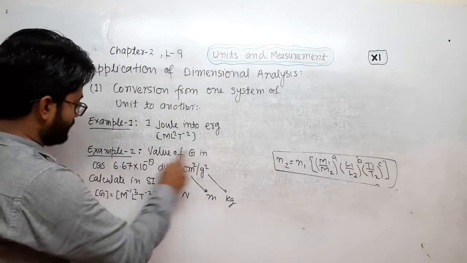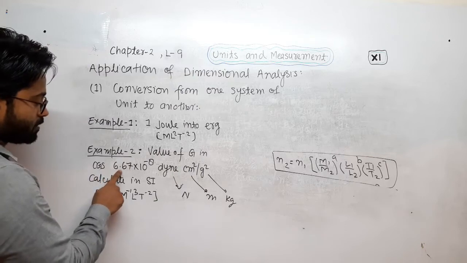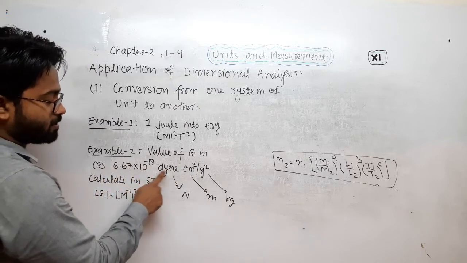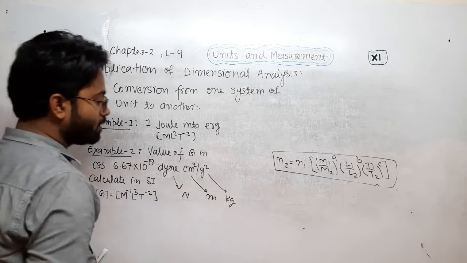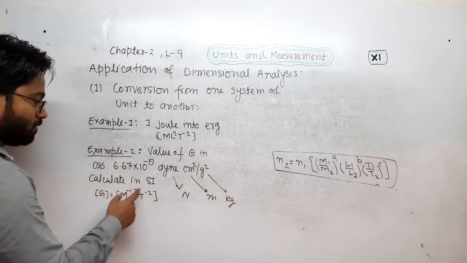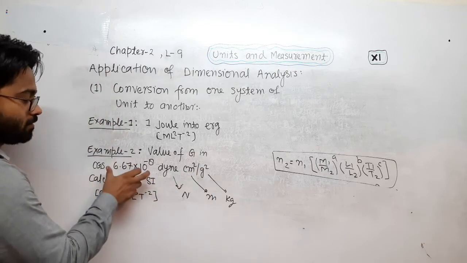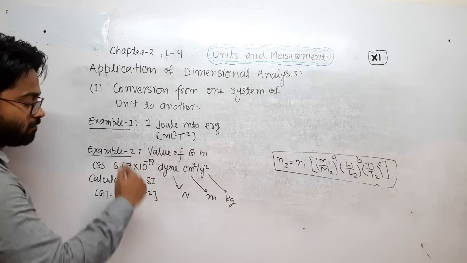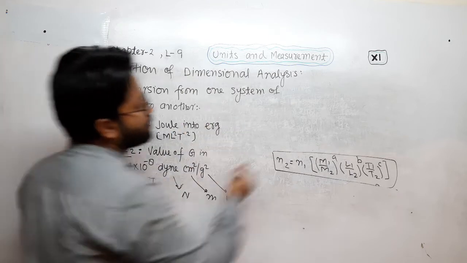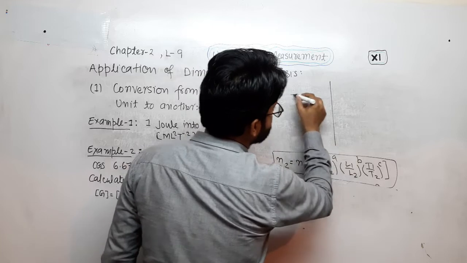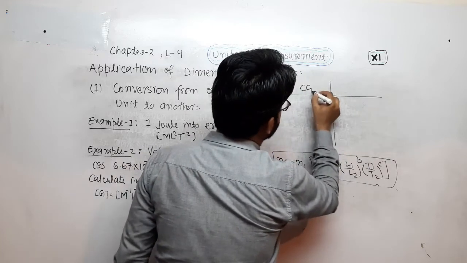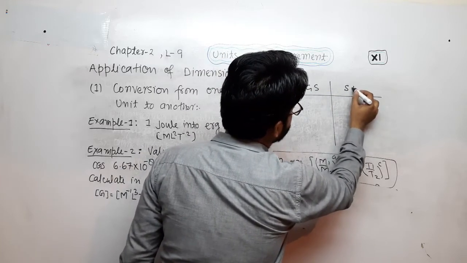The value of G in CGS is 6.67 times 10 to the power minus 8 dyne centimeter square per gram square. Calculate in SI, which means we have to convert the value of G from CGS to SI.